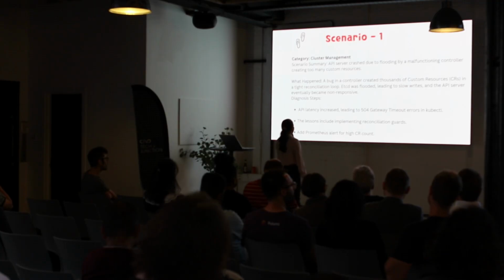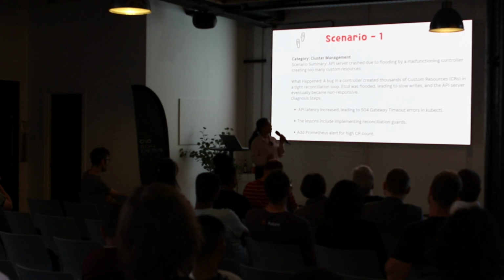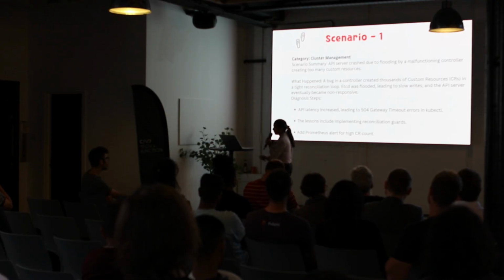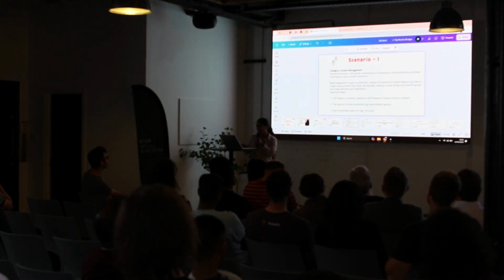So what we can see is a 504 gateway error or timed-out kubectl commands, and yeah, we can definitely see some alerts in our Prometheus. Okay, let's dive into the demo session if you are interested.